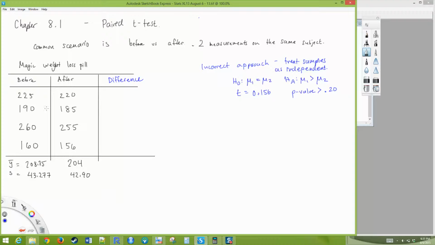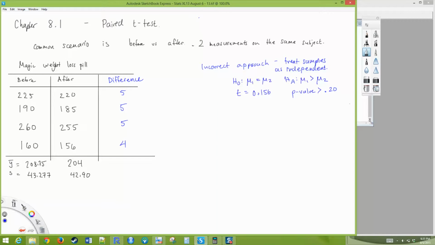However, if we look at the difference, before minus after, we see this guy lost 5 pounds, this person lost 5 pounds, this person lost 5 pounds, this person lost 4 pounds. So we're getting a very consistent weight loss of around 4 to 5 pounds.